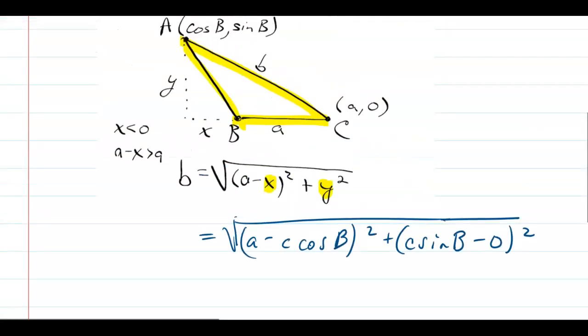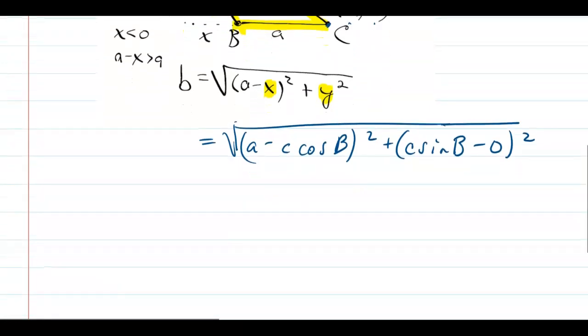And that's basically the formula for the distance between A and C, these two vertices, using the distance formula in the xy plane. This can be expanded, so we'll get a squared minus 2ac cosine of b.